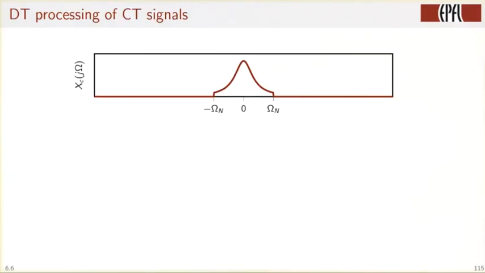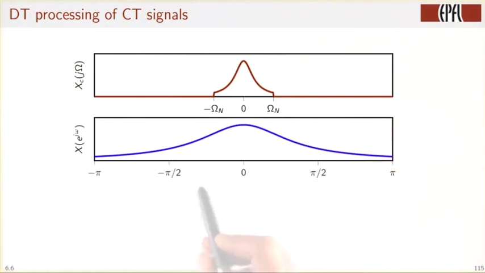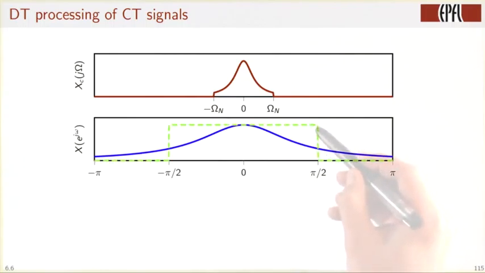Let us do an example of a half-band filter implemented in discrete time but that processes a continuous time signal. So we start with a spectrum between minus ω_N and ω_N. We map it into a discrete time spectrum between minus π and π by sampling at twice ω_N. We apply the discrete time half-band filter between minus π/2 and π/2.